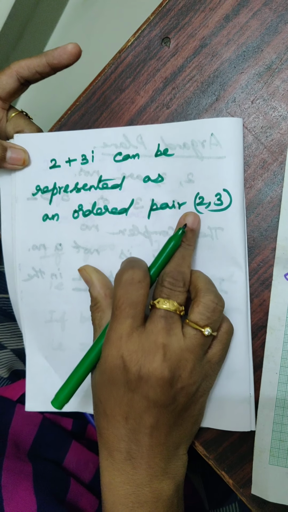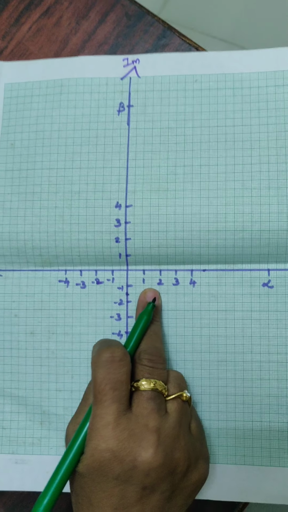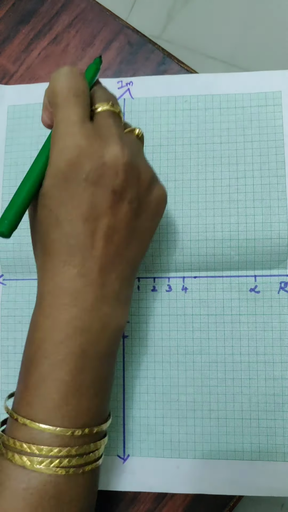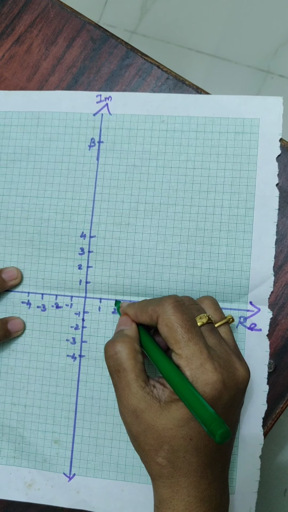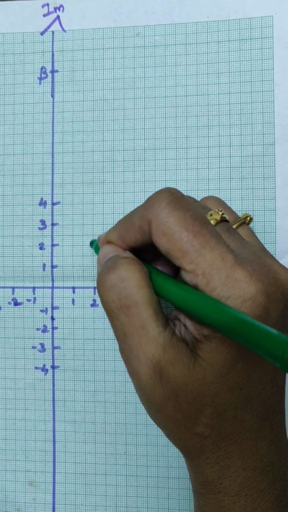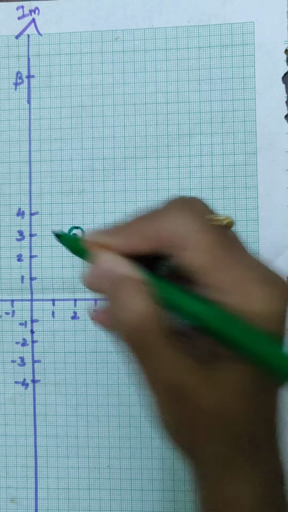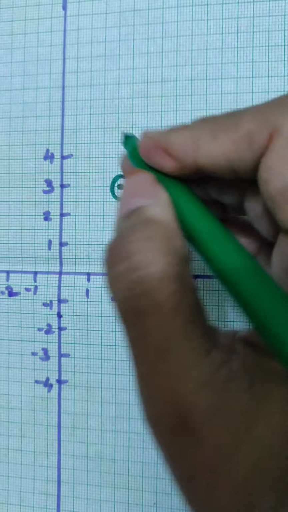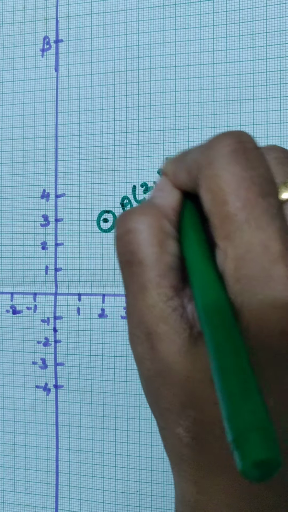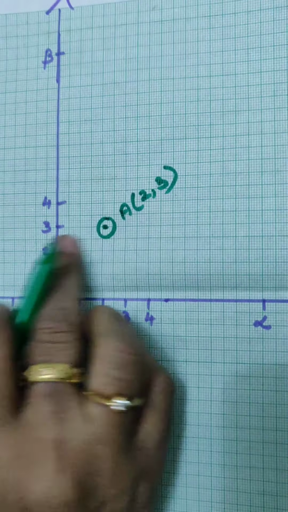What is the meaning of 2? 2 is the real part of z, so I have to take 2 from the real axis, and 3 is the imaginary part of the complex number, so I have to take 3 from the imaginary axis. So 2 is here, 3 is here. This is a point in the Argand plane. This represents a point A of 2, 3. 2 is the real part of z and 3 is the imaginary part of z.